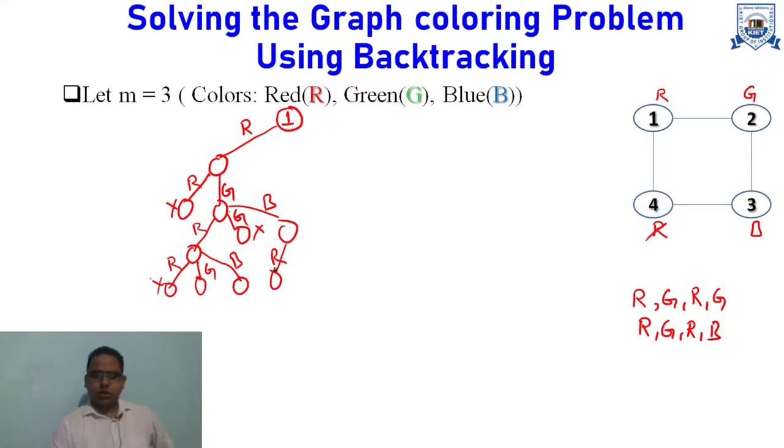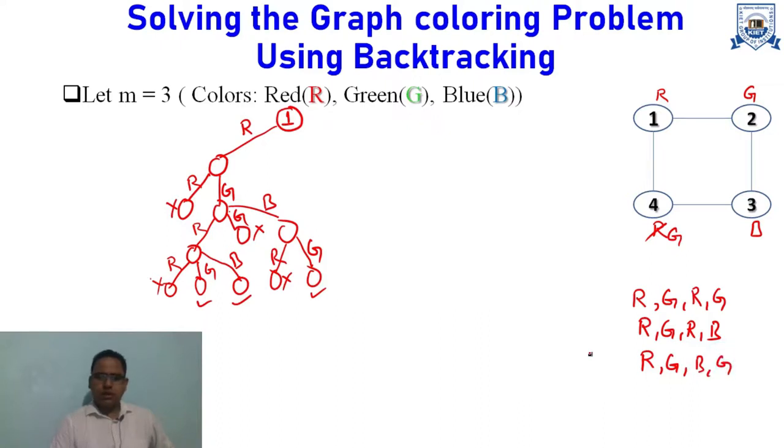Again, can we color it with green? Yes, green is allowed because green is not adjacent. So this is our solution. This was our first solution, this was the second solution, and this is our third solution. The third solution is red green blue green.